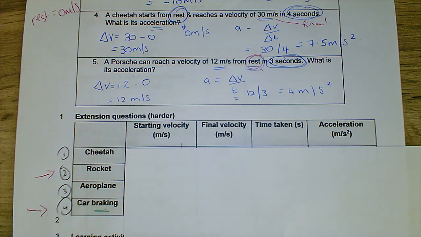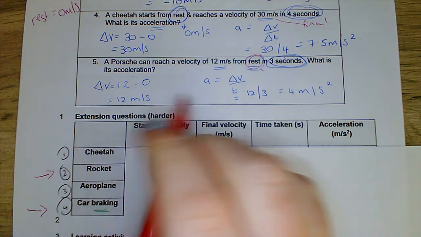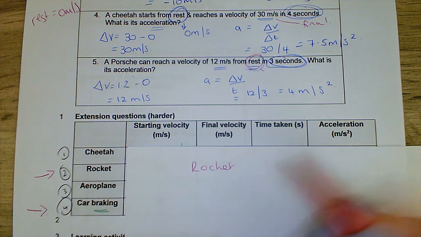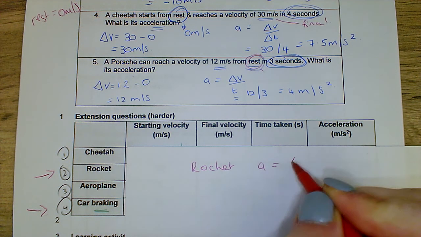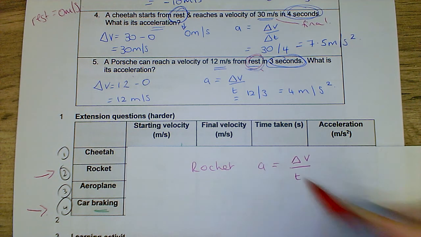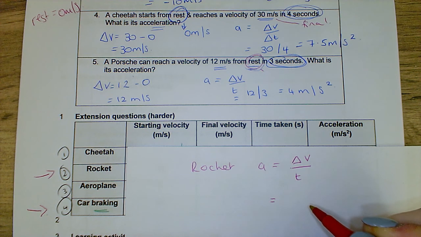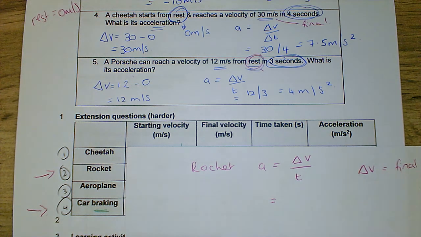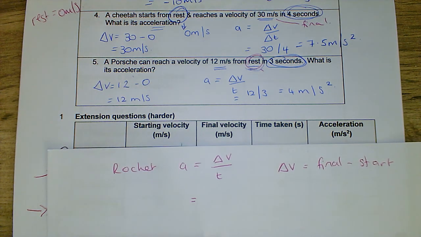Okay, hopefully you've managed to make your way through those. The rocket was asking you to work out the acceleration. I'm just going to write on this piece of paper. So the change in the velocity is your final, take away the start.